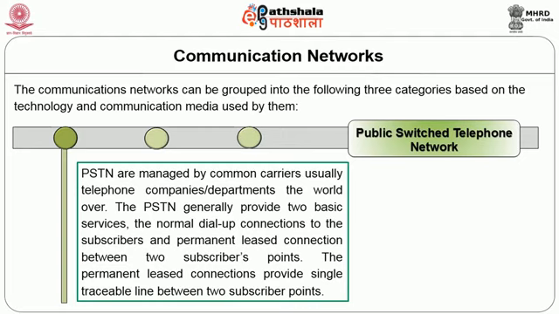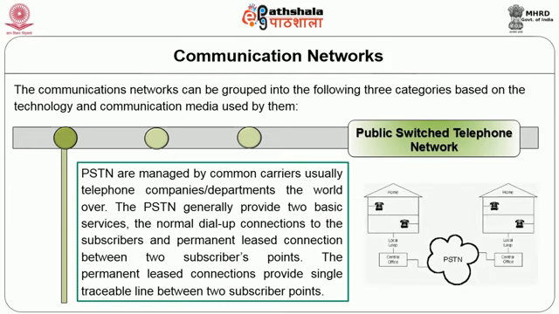PSTN generally provides two basic services: the normal dial-up connections to the subscribers and permanent leased connection between two subscriber points. The permanent leased connections provide a single traceable line between two subscriber points. The leased lines are generally less prone to noise than dial-up lines.